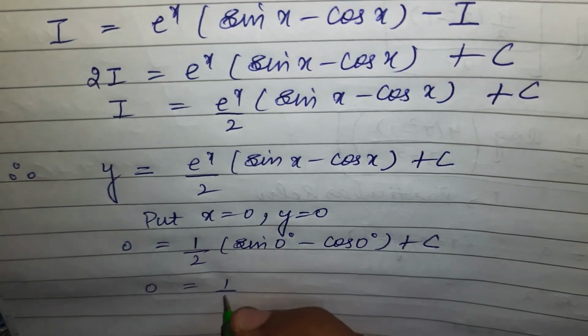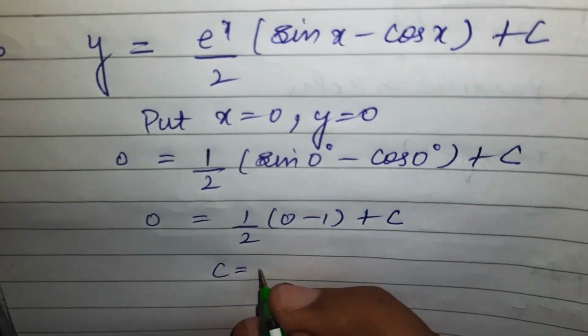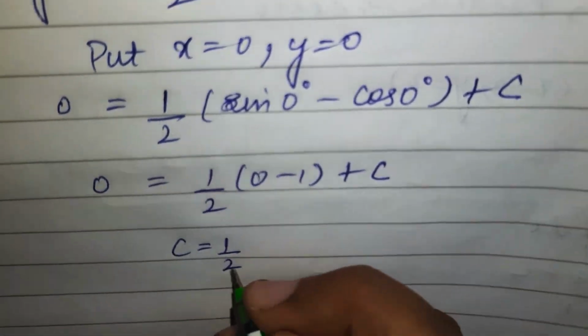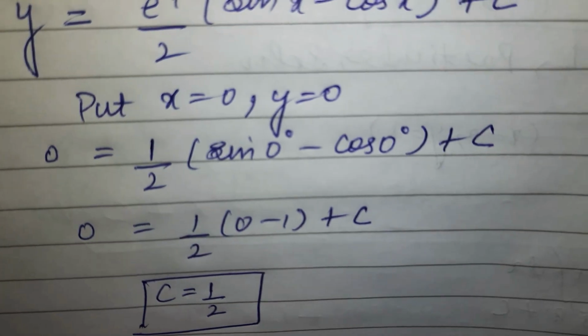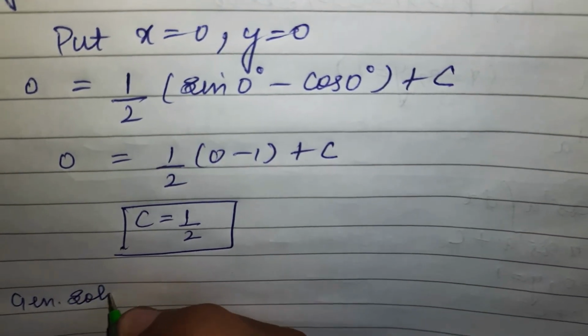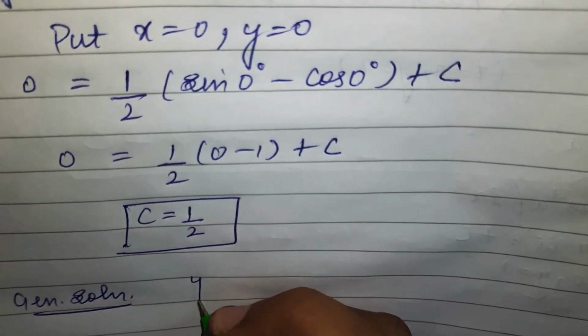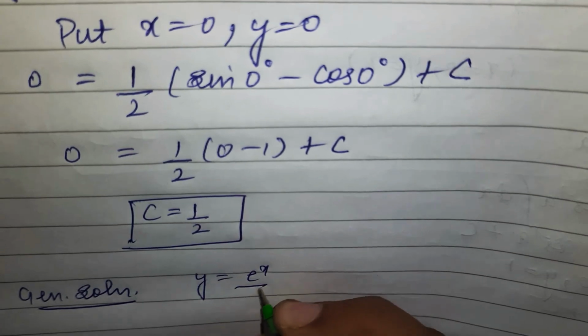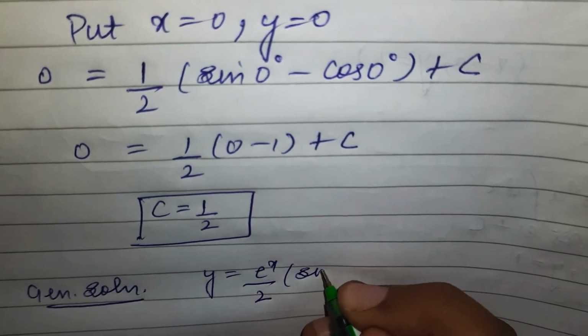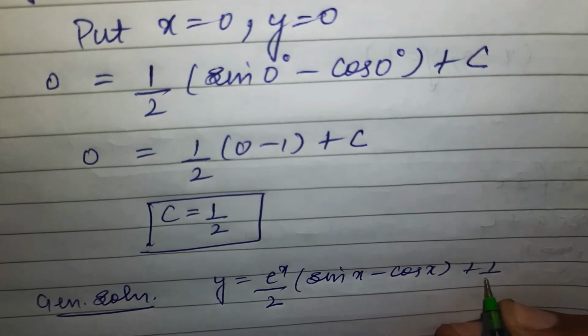So 1 by 2 into (0 minus 1) plus c. So c will become 1 by 2. So you will be getting the particular solution y is equivalent to e^x by 2 (sin x minus cos x) plus 1 by 2.